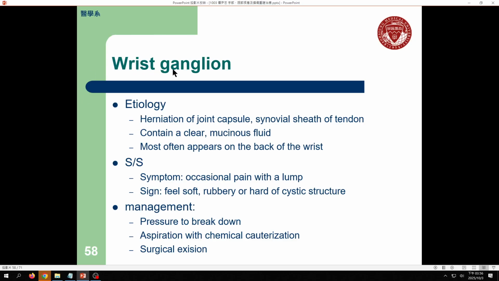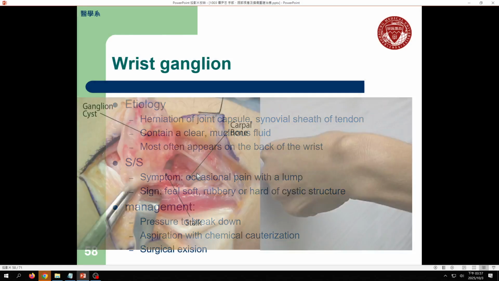And the other one is a wrist ganglion. That's joint fluid that comes out because of overuse. The joint secretes so much fluid within the joint, and then there's no space for it, so most of the fluid comes out from the capsule, okay? And then just like this.